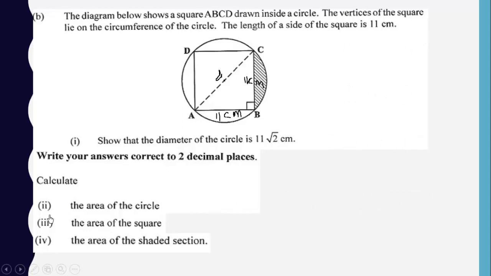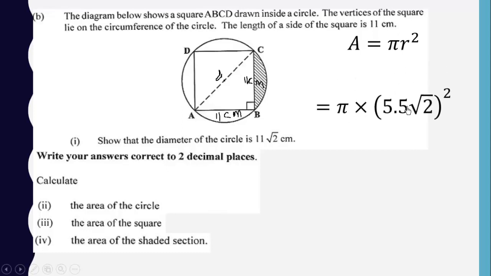Now the next question is, we should find the area of the circle, leaving our answer to 2 decimal places. Area of a circle is given by pi r squared, so we take pi to be 3.142. Now the radius is the diameter divided by 2, so divide this by 2, you get 5.5 root 2.